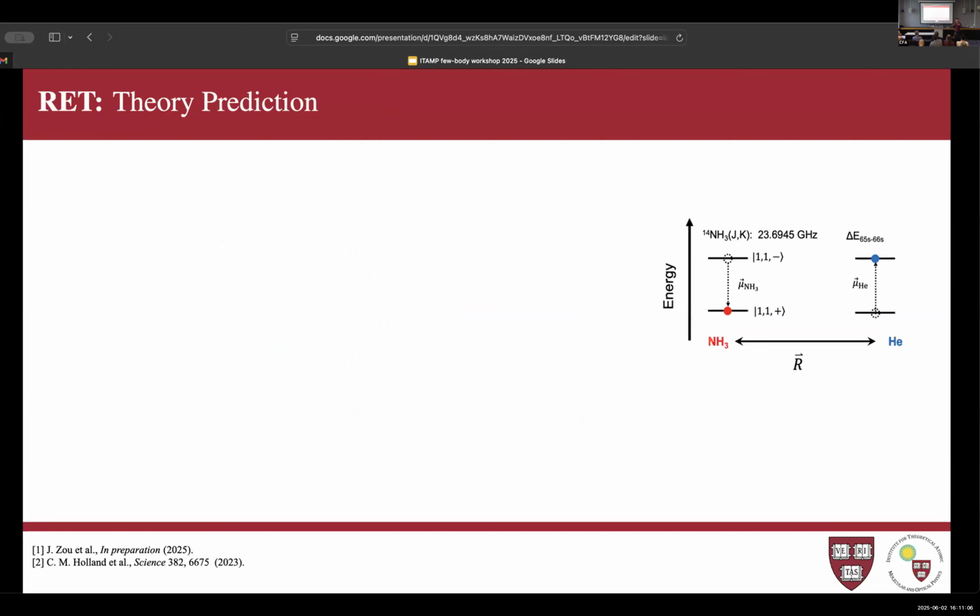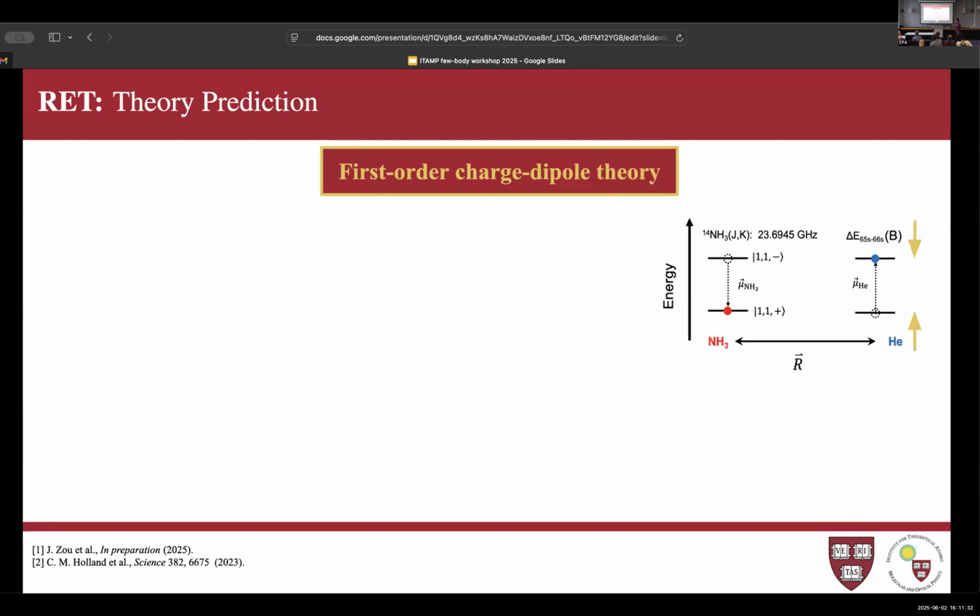In principle, we can think about applying magnetic fields to tune the energy level spacing over here, as a function of magnetic field. This is true for helium, but of course for atoms with much stronger spin orbit couplings, you can really tune the energy levels around. And in principle, you can tune it to resonance. The experiment doesn't do this, but in theory, we can of course do this.